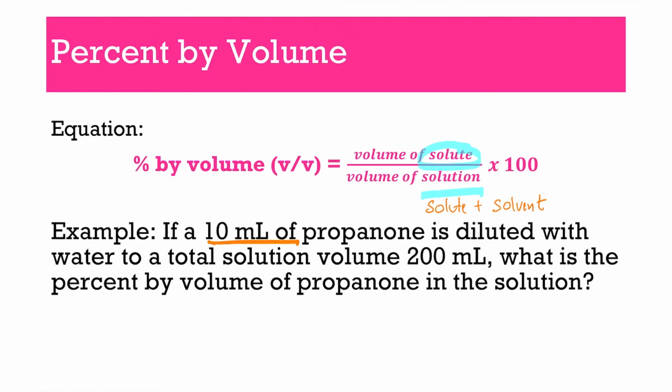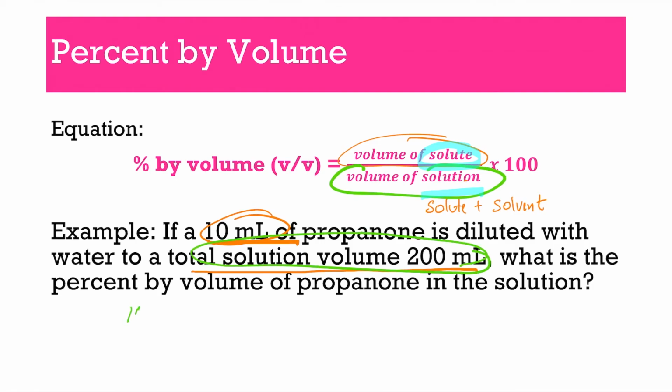If 10 mL of propanone is diluted with water to form a total solution volume of 200 mL, what's the percent by volume? Our volume of solute is 10. Our solution is 200.